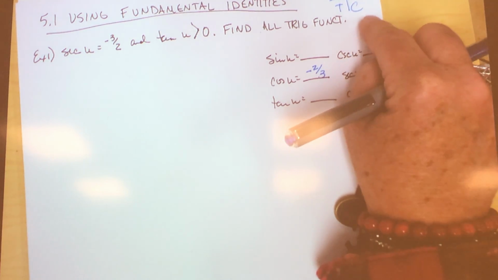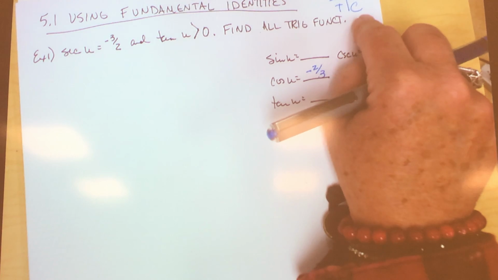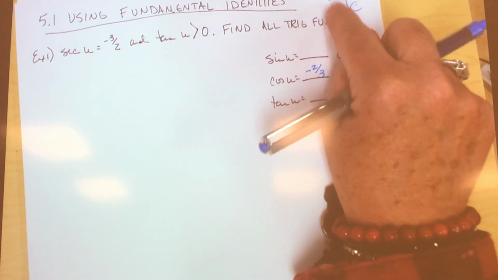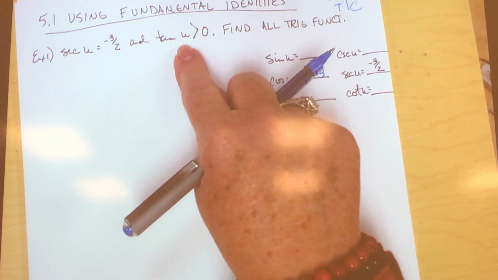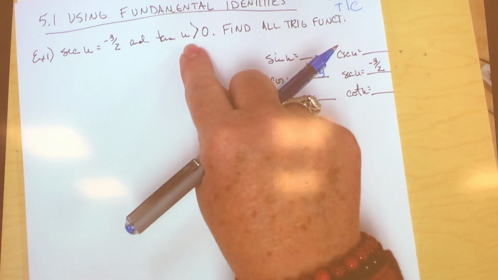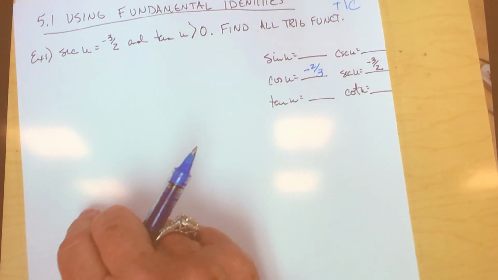The only place that secant, the reciprocal of cosine, is negative is the second and third. If I didn't tell you this, you wouldn't know exactly where to put it. But since I said that tangent is positive, which one of these quadrants, second and third, is tangent positive in?